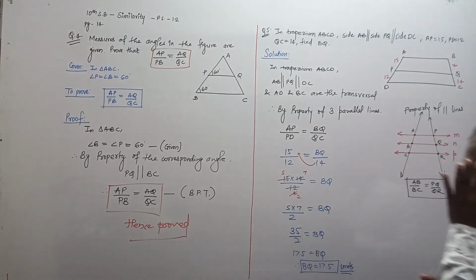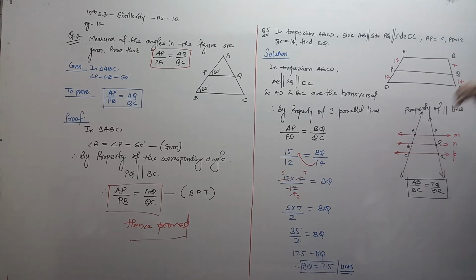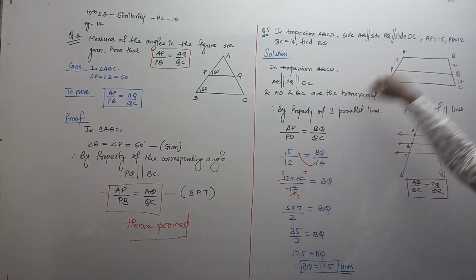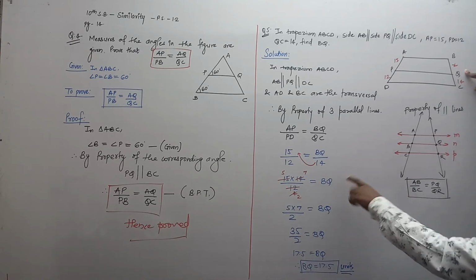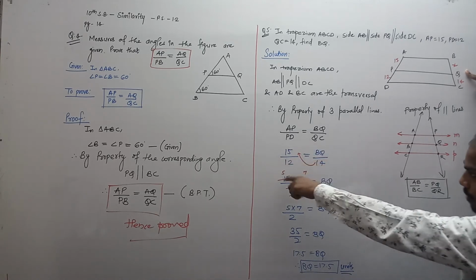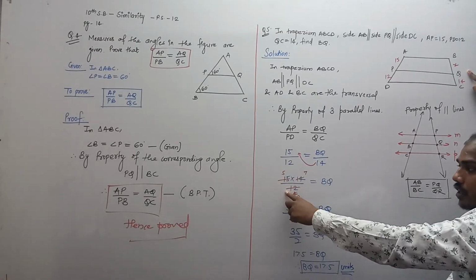Again I am repeating. They have given that these three lines are parallel. We know the property of three parallel lines: the ratios are equal, so we have written these two ratios as equal. We have substituted the values: AP is 15, PD is 12, BQ as it is, and QC is 14. We take 14 to this side, so that becomes 15 into 14 divided by 12. 3 fives are 15, 3 fours are 12.